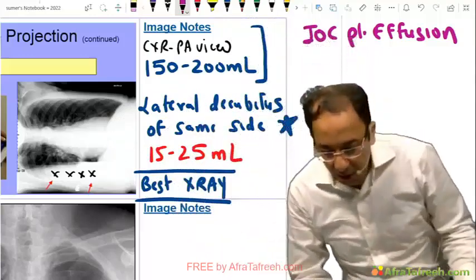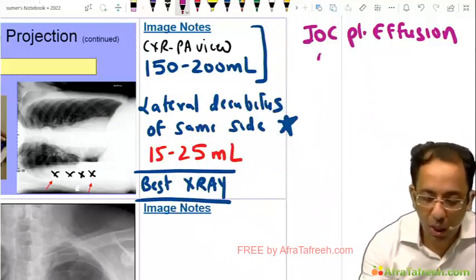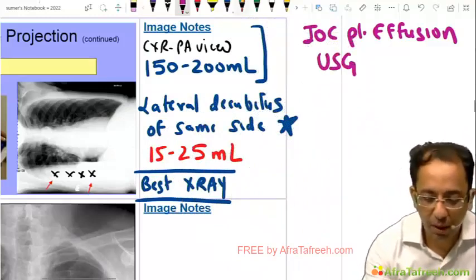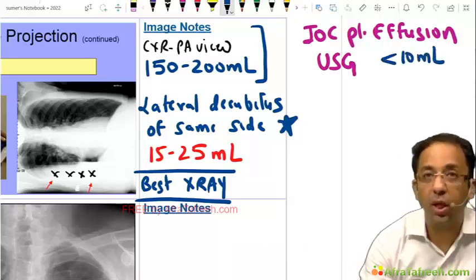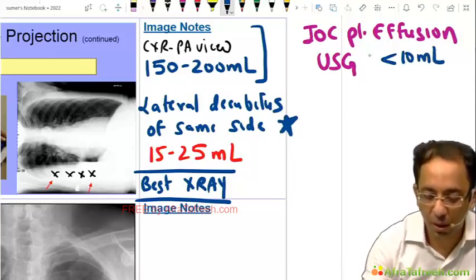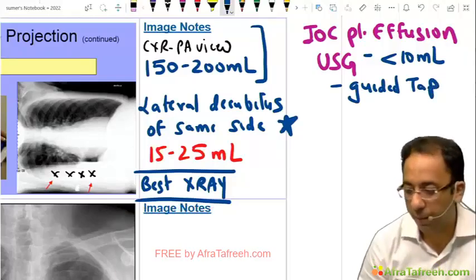So it makes sense now that it is better to do an ultrasound as the investigation of choice. What is the advantage? Even less than 10 ml fluid can be picked up in the pleural cavity by ultrasound, and an ultrasound guided tap is possible. Clear?